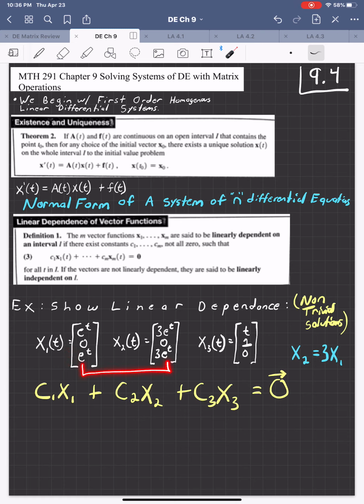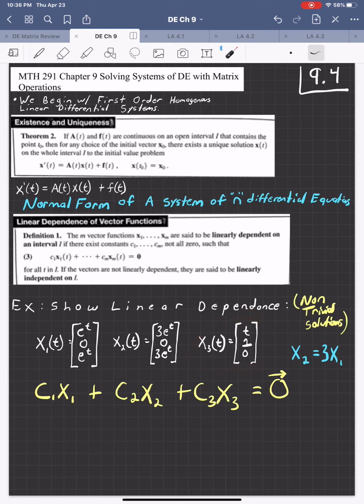So you can see that these are multiples of each other, so you could think of them as lying on the same line, if that would help you. But the other vector that we're given is not a scalar multiple of the first two.